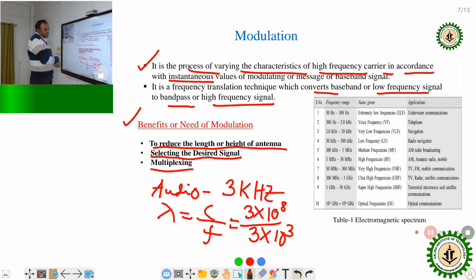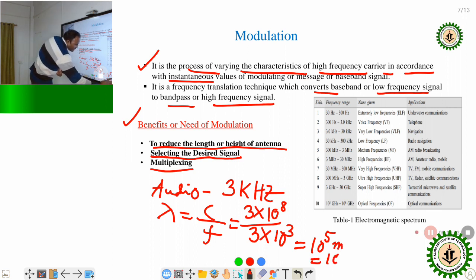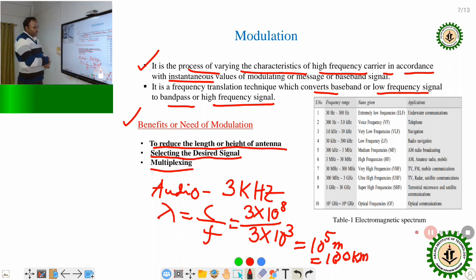If you calculate it, the value is 10^5 meters, so you can say 100 kilometers is the wavelength of this audio signal.